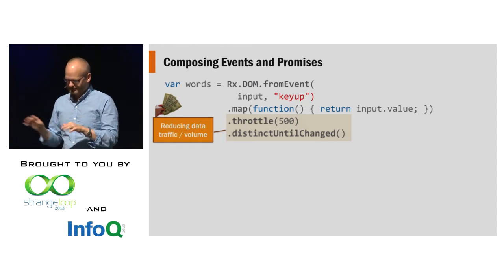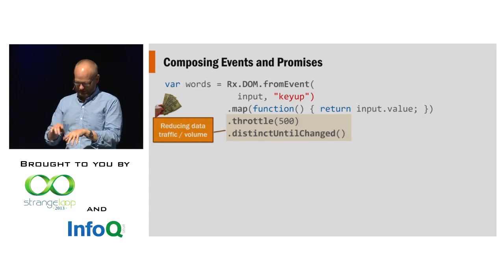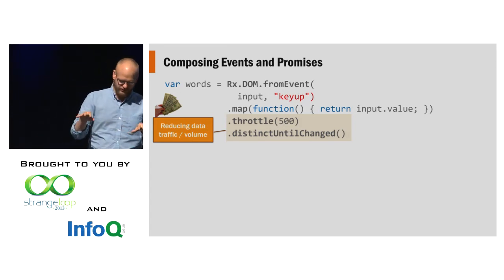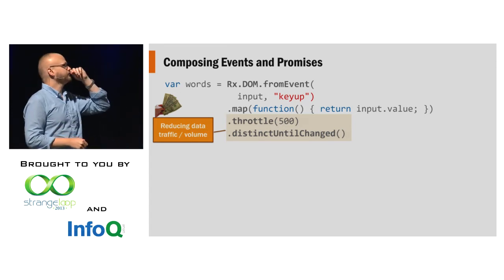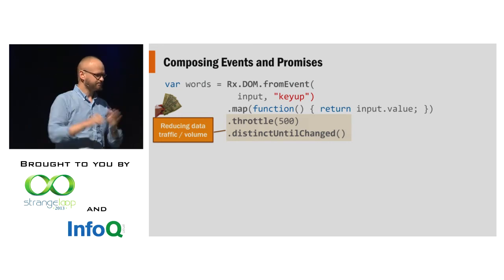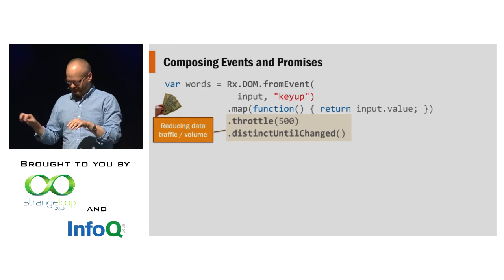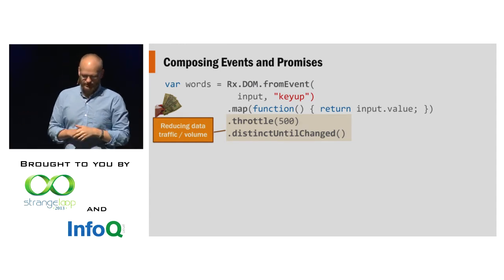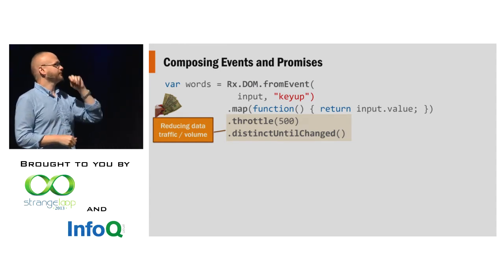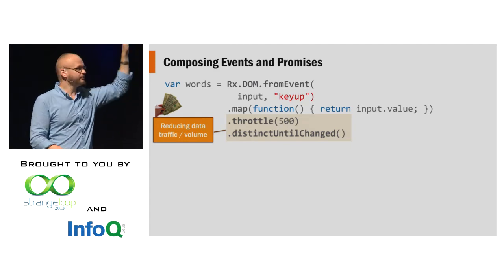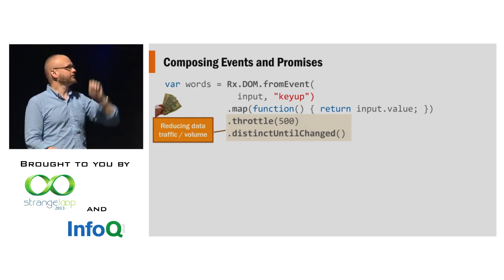We're going to stop listening as you're typing, and then when you've paused for half a second, we're going to say, all right, we're done. And not only that, but you could be typing using your shift key or arrow keys, which don't ultimately change the text at all. So we're not actually going to fire until the text has actually changed.